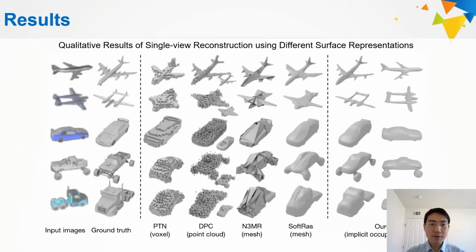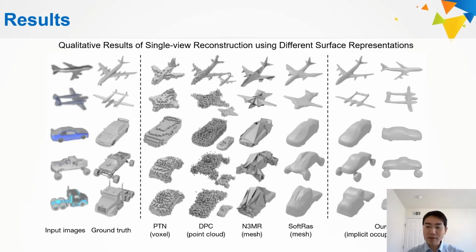Here are some results. We compare our method with some previous methods, together with our SoftRas approach. We can see that our SoftRas approach is already much more accurate than the previous ones, but it still has obvious limitations. For example, for the airplane, there is a hole inside it, but our SoftRas can't reconstruct the hole. Why?